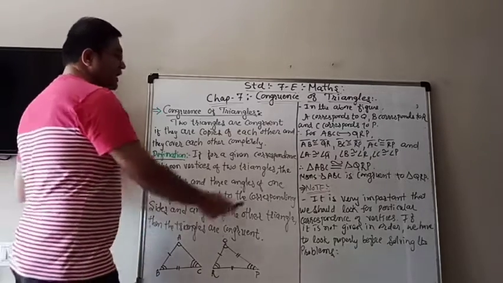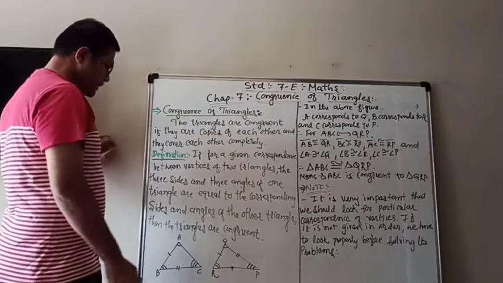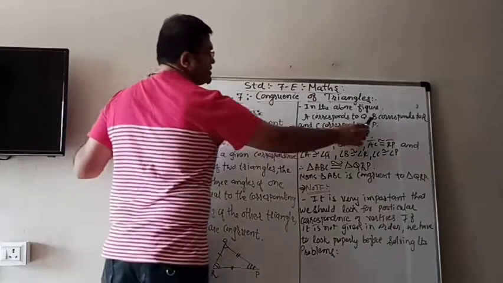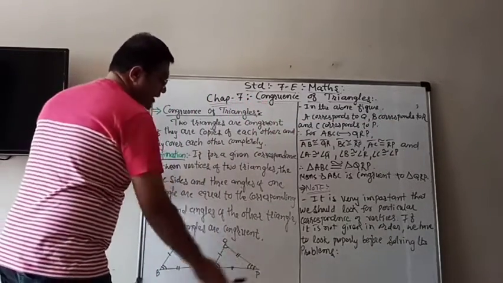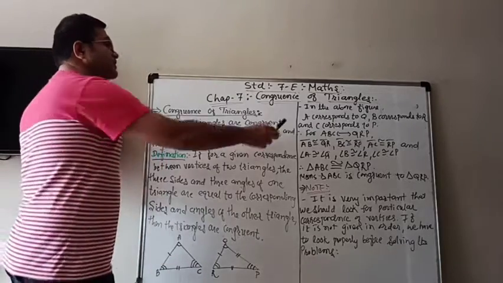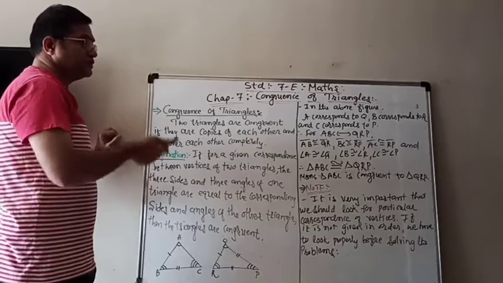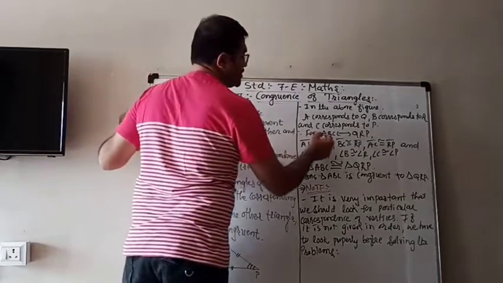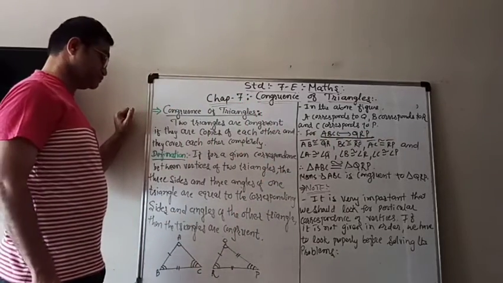It means that A corresponds to the point Q. Similarly, here B and R have the same measurement. So B corresponds to R, and lastly C and P have the same measurement. So C corresponds to P. So this correspondence we write down like ABC corresponds to QRP, not PQR.